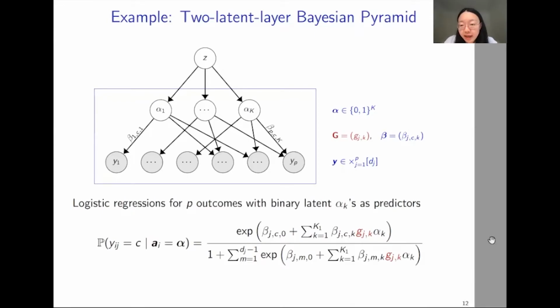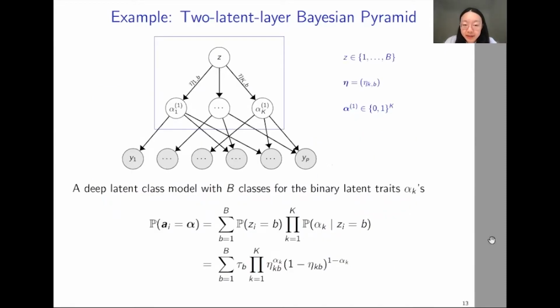We can see that the entries of G directly enter this distribution. So in terms of estimation, we not only need to estimate these continuous beta coefficients, but also its underlying sparsity structure, which are these G indicators. Also, the alpha_k, the individual latent indicators of subjects, also need to be estimated.